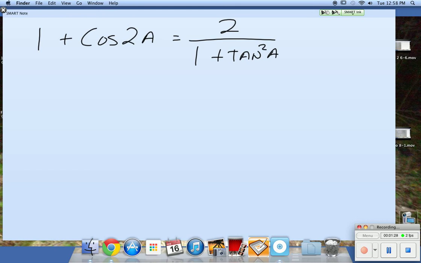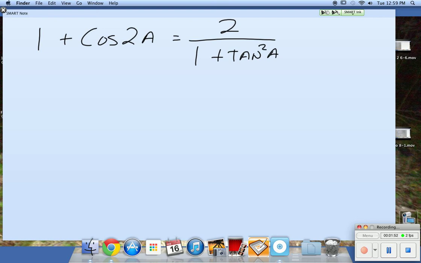But anyway, I'm going to look at this, and there's a couple things that right away stand out for me. One, I know that cosine of 2a is either cosine squared of theta minus sine squared, or it's 2 cosine squared minus 1, or it's 1 minus 2 sine squared.